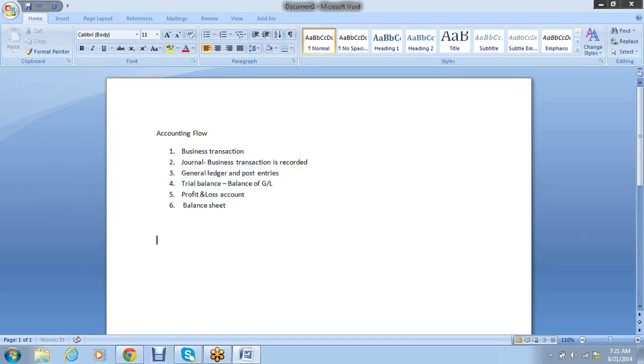This is the basic thing which we need to understand. The whole of accounting is based on the golden rules, which are based upon three accounts: real account, nominal account, and personal account. Real account: we debit all the products that come in and credit all the things that go out.